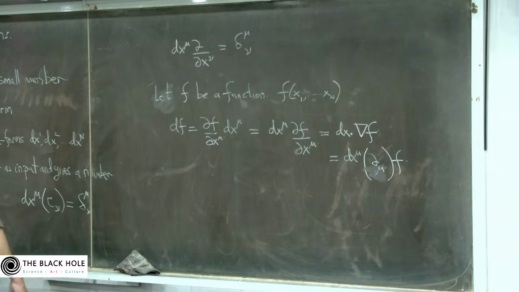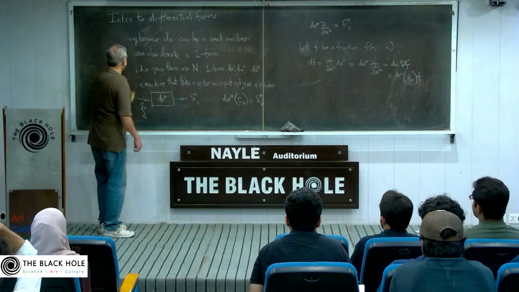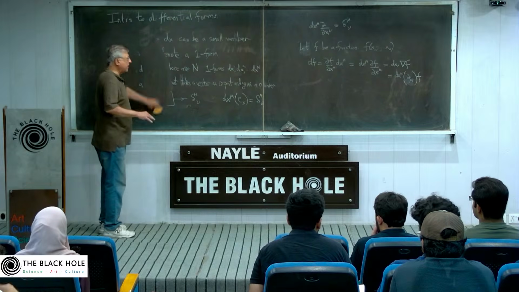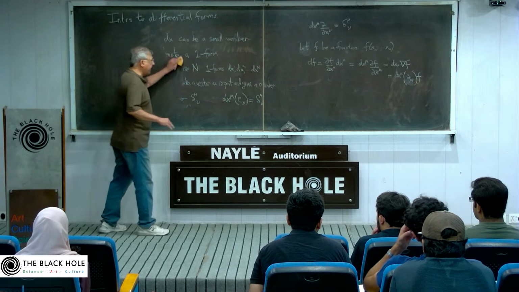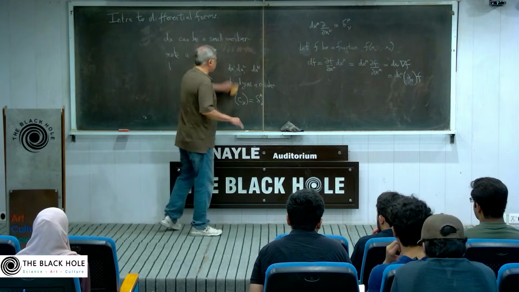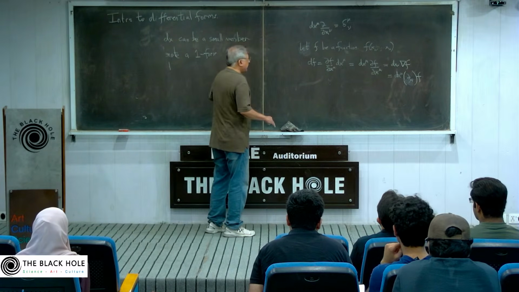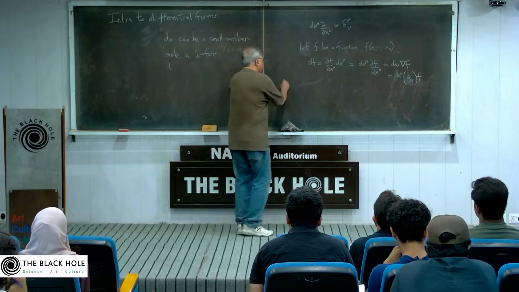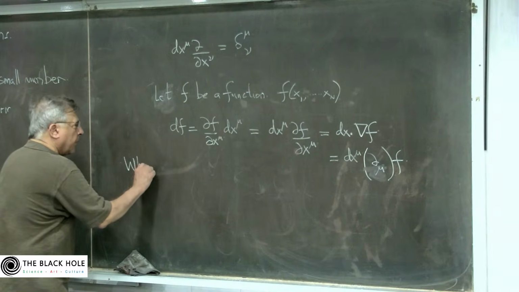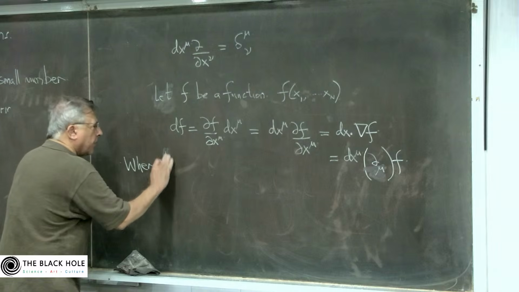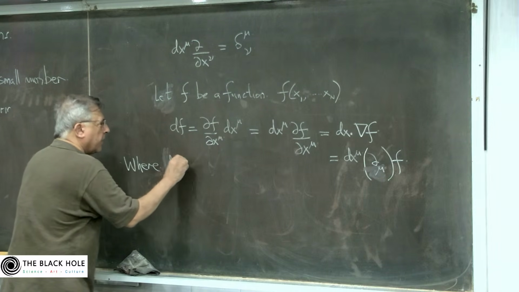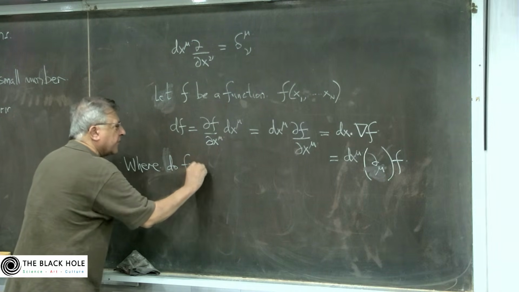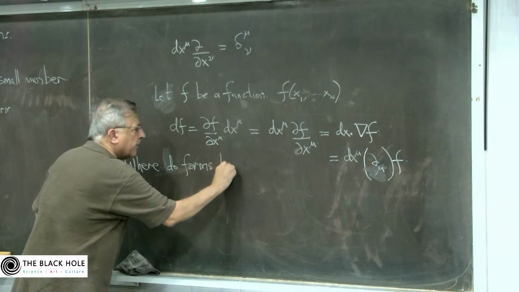So now let's come to vectors and tensors finally. What I've done is I have defined what a form is. But before I come to that, where do forms live?